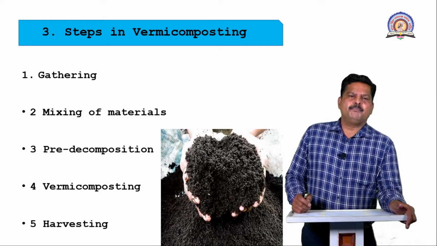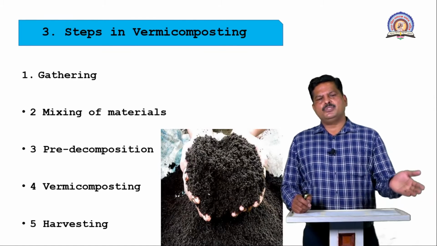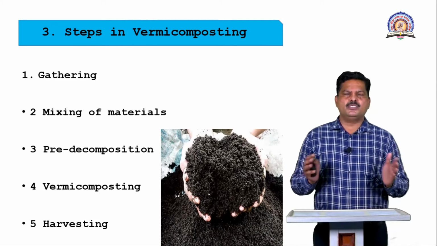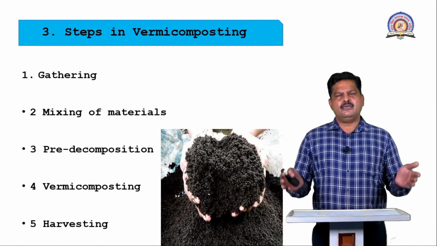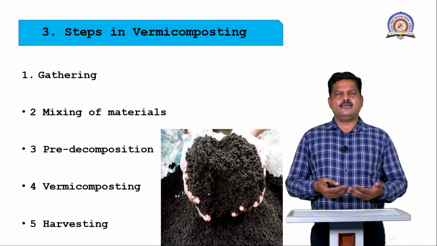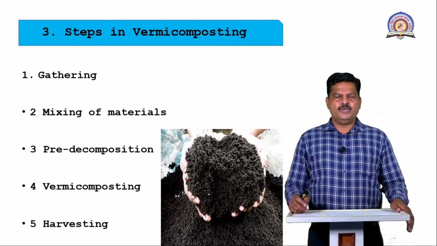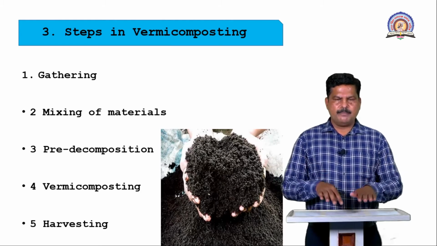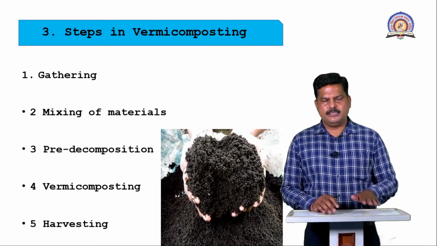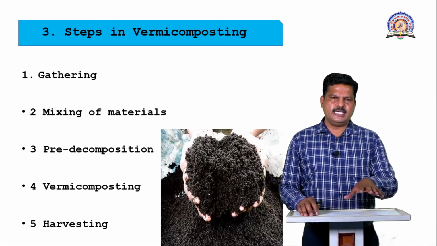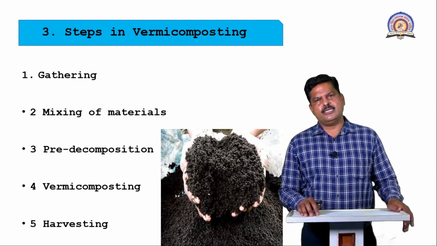And third one, pre-decomposition. Whatever composted material is there, that material is provided with aeration and non-aeration conditions. For a few days the material is dumped in a polythene bag, so there is no proper aeration, and the material easily gets decomposed.